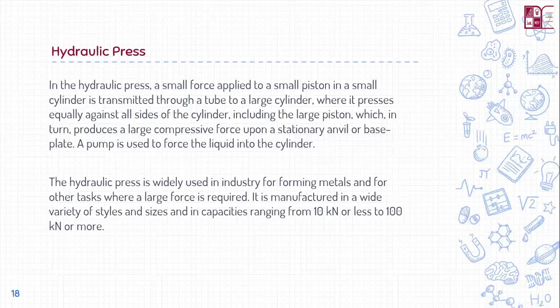Now, the one major example of this could be car lifts. When you lift a car, there's a relatively small force pushing down on a piston on one end, and a relatively higher force on the other end, which is able to lift the car.